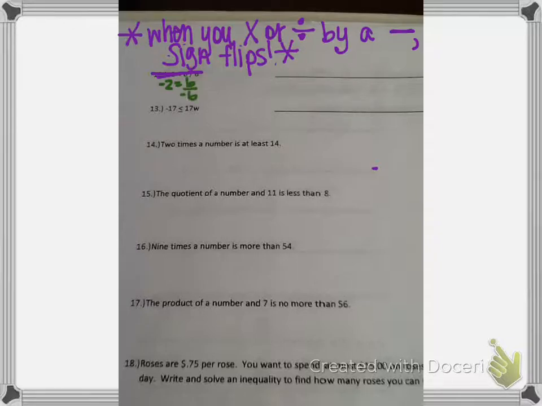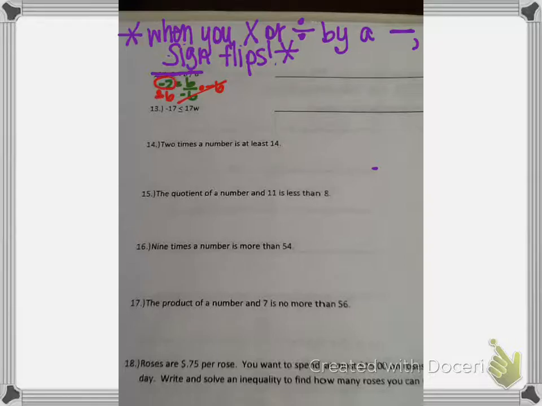Alright, so what I mean by the sign flips is, to get rid of divide by negative 6, I would multiply by negative 6. So here I multiplied by a negative.